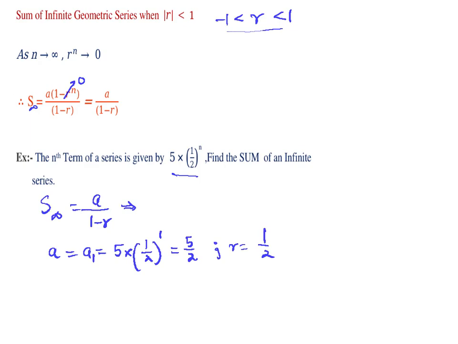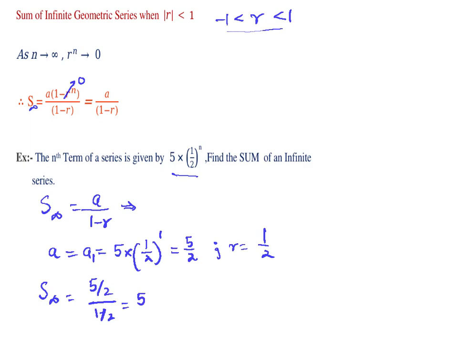You can see it because if you divide the next term by the previous term, you get the common ratio r equals 1 by 2. Now applying the formula, S infinity is 5 by 2 upon 1 by 2. You will get 5.